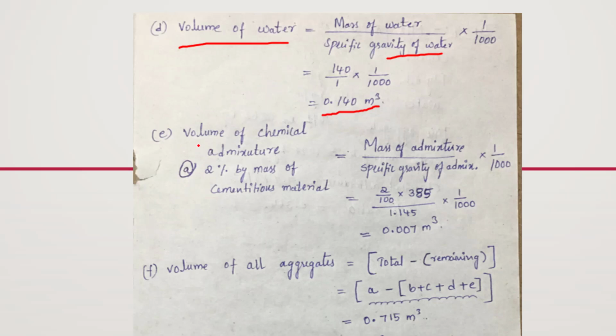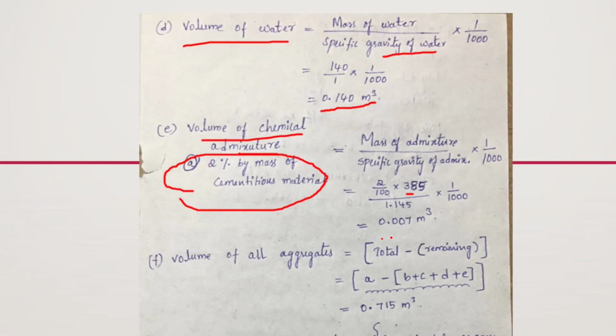Next, volume of admixtures. Admixtures we have added, right? So 2% by mass of cementitious material, this we have to remember. So 2 by 100 into 385 by 1.145, the specific gravity, into 1 by 1000, that is 0.007.